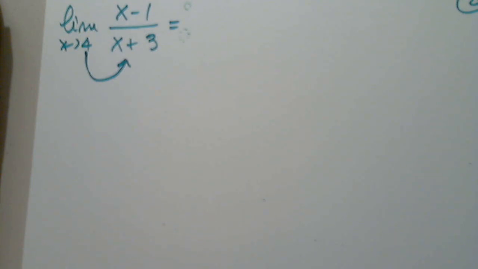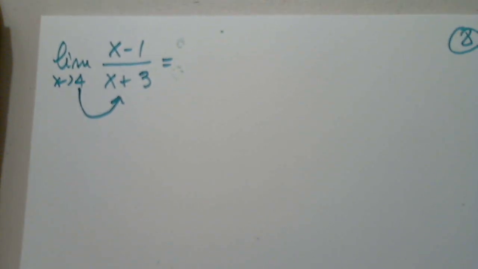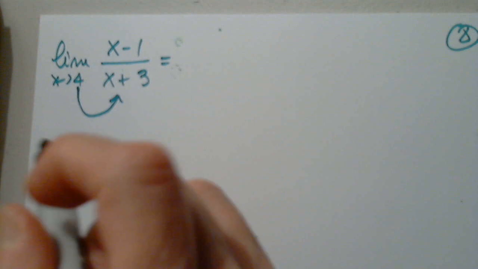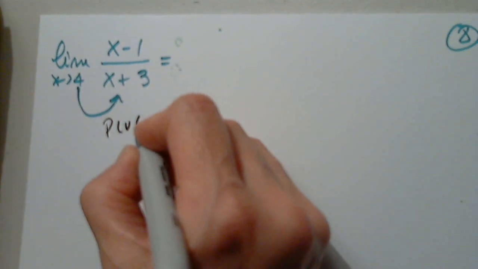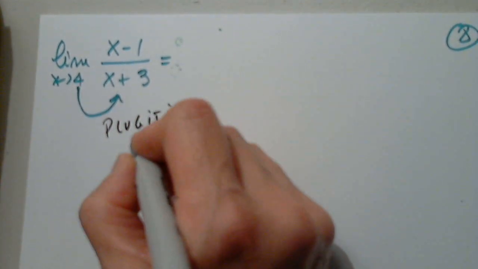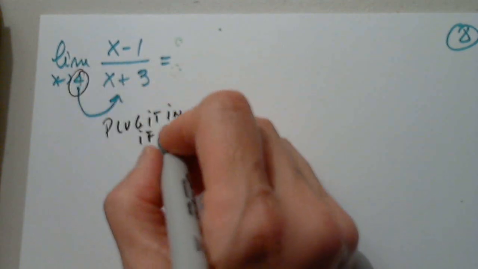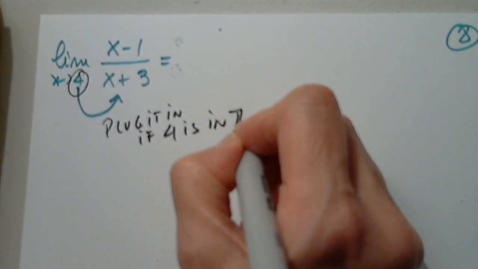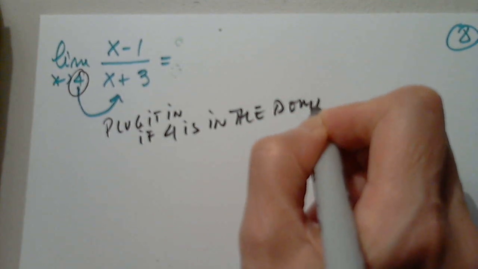If it makes the denominator 0, then it's not in the domain. But if it does not make the denominator 0, then it is in the domain. Does 4 make the denominator 0? No. So it is in the domain. If it is in the domain, plug it in.